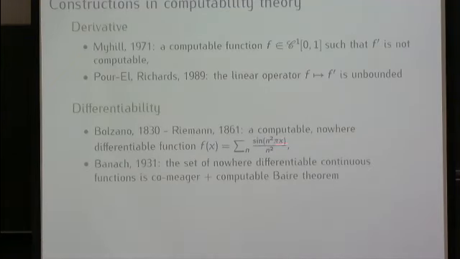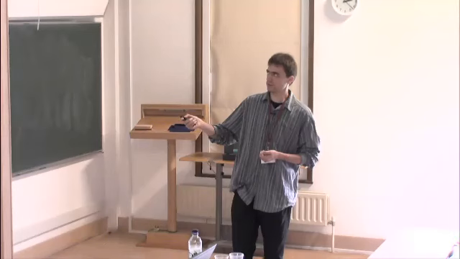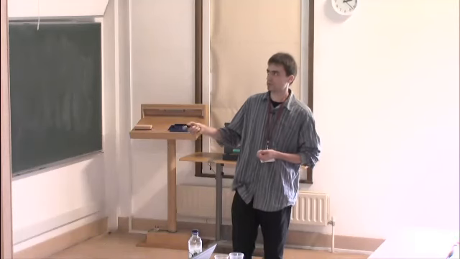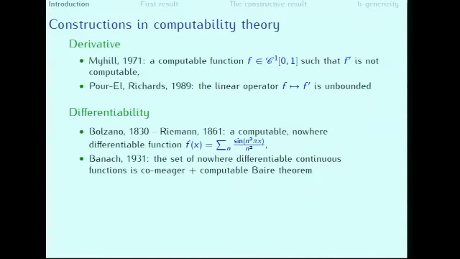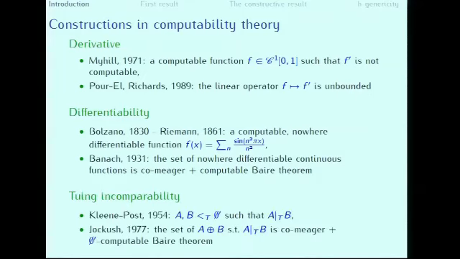An explicit construction was given more than a century ago, but we can think of this as an application of the computable Baire theorem, which was BCT0 this morning, stating that the set of nowhere differentiable continuous functions is co-meager. Applying the computable Baire theorem, you can compute a function which is like that. Very similarly, the Kleene-Post theorem can be seen as the same argument, but relativized to 0 prime.